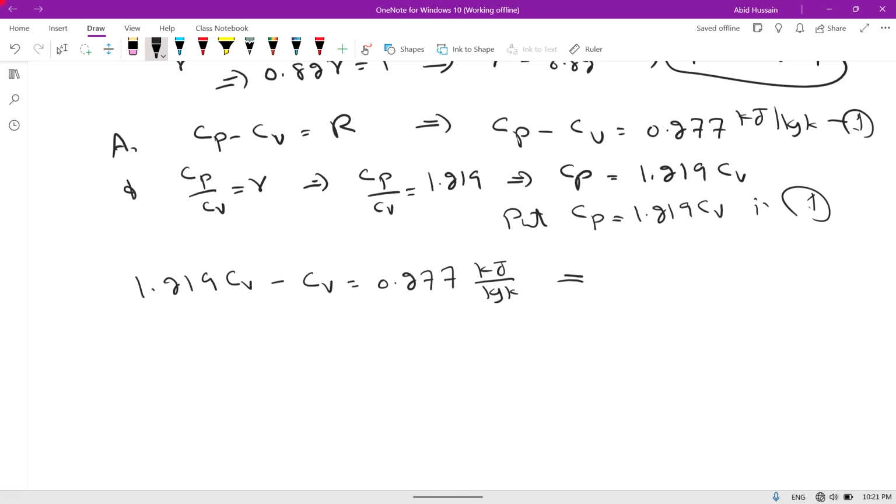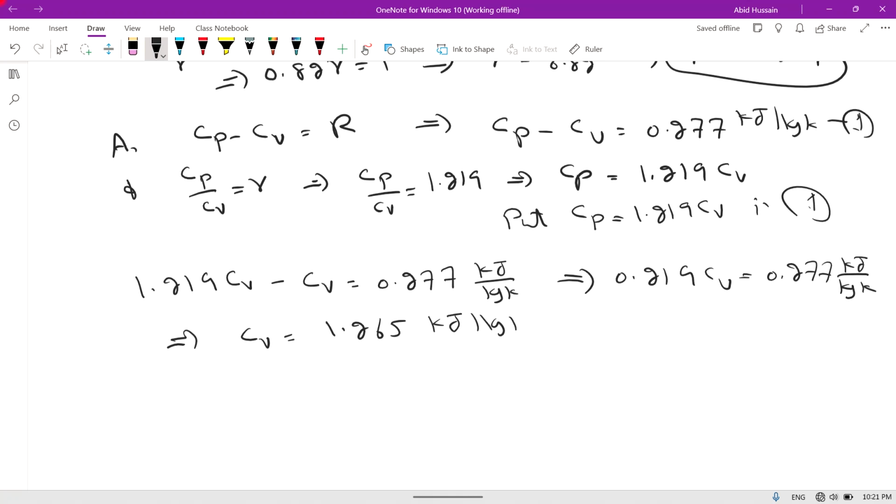Now 1.219 Cv minus 1 Cv is equal to 0.219 Cv, which is equal to 0.277 kilojoule per kilogram per Kelvin. So dividing both sides by 0.219, Cv will be equal to 1.265 kilojoule per kilogram per Kelvin.